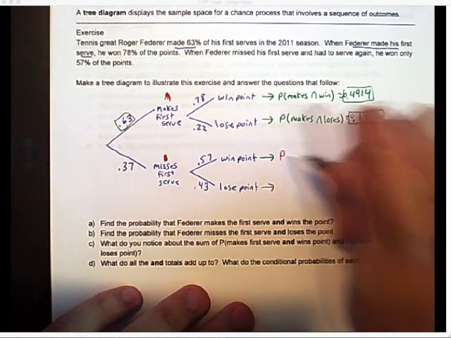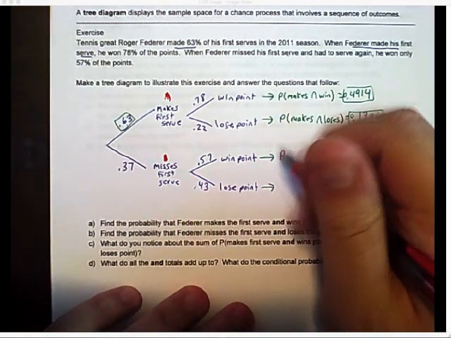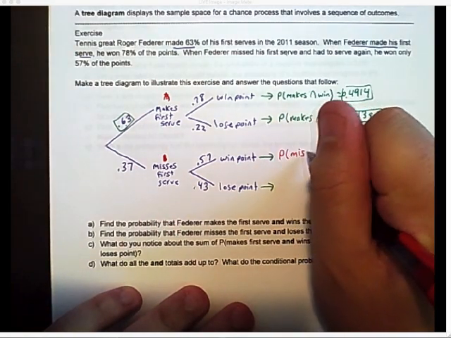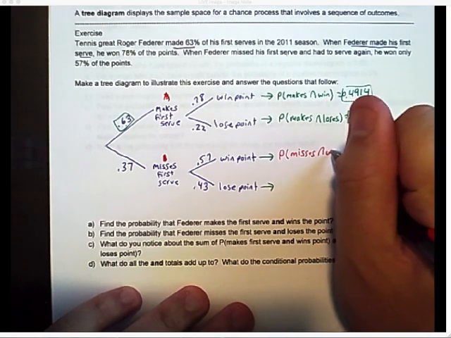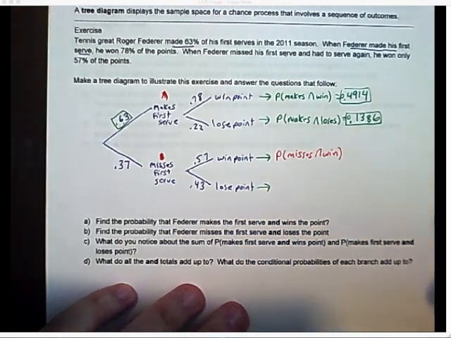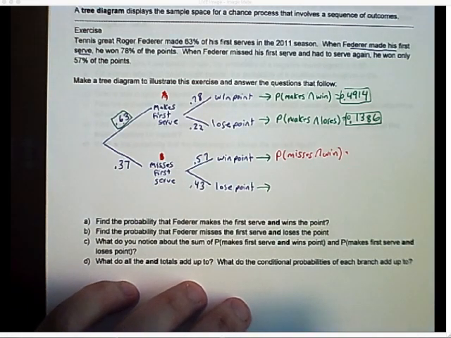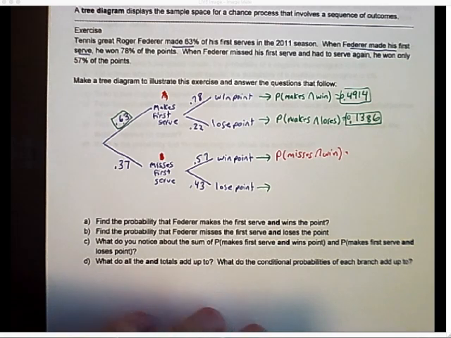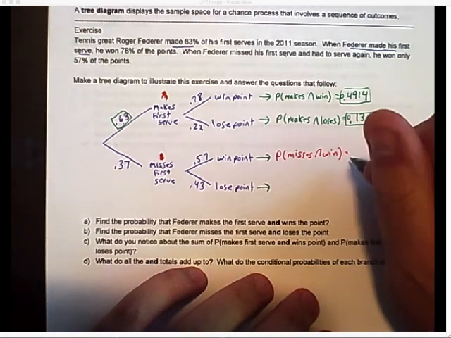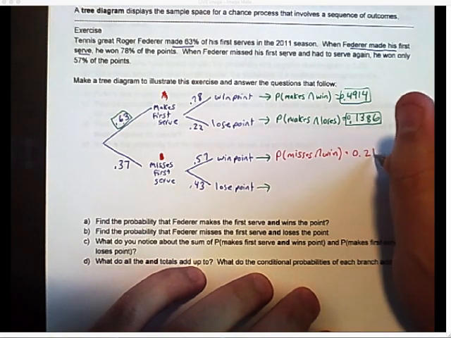Now, what does this branch represent? This is the probability that he misses the first serve, but he still wins the point. So you're going to take 0.37 times 0.57. And that is 0.2109.